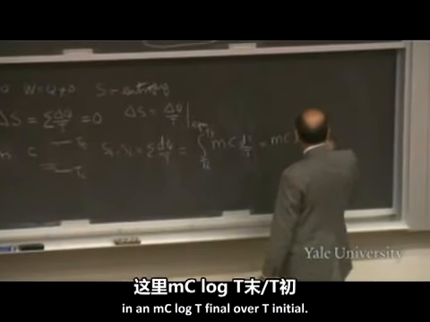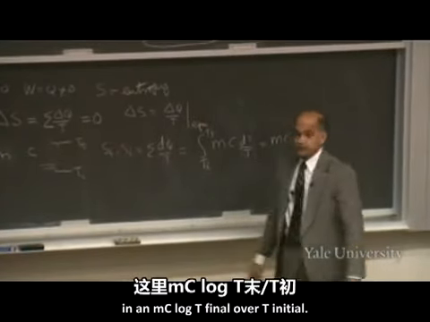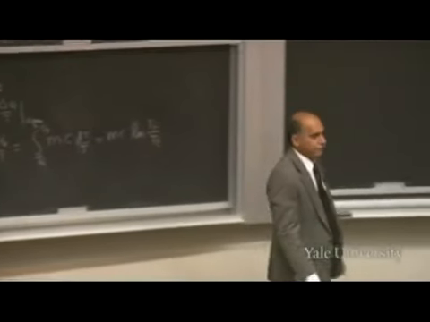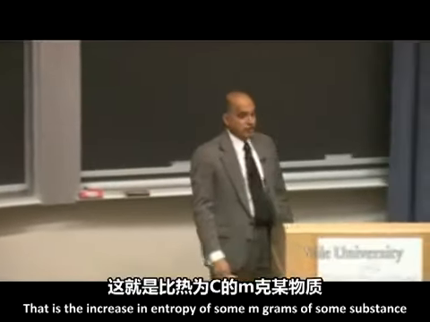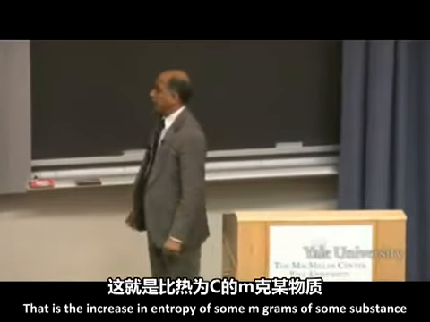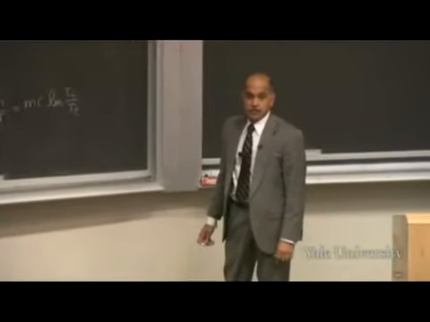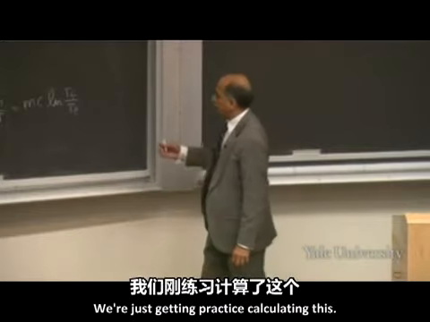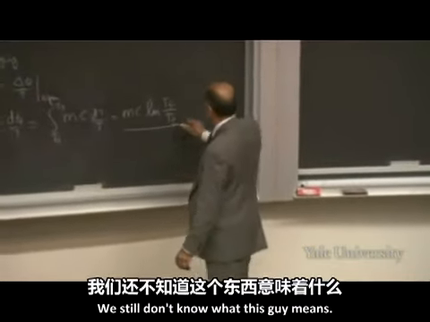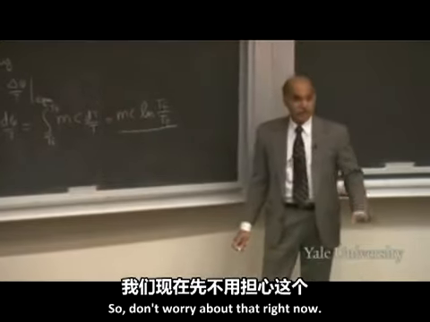It is mc log T final over T initial. That is the increase in entropy of some m grams of some substance of specific heat C that's heated from T initial to T final. We're just getting practice calculating this. We still don't know what this means, so don't worry about that right now.